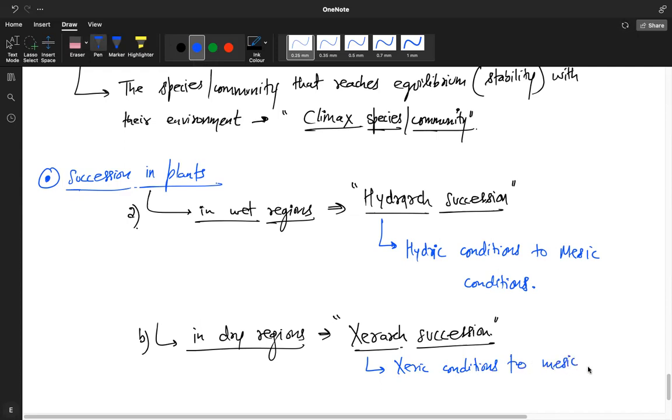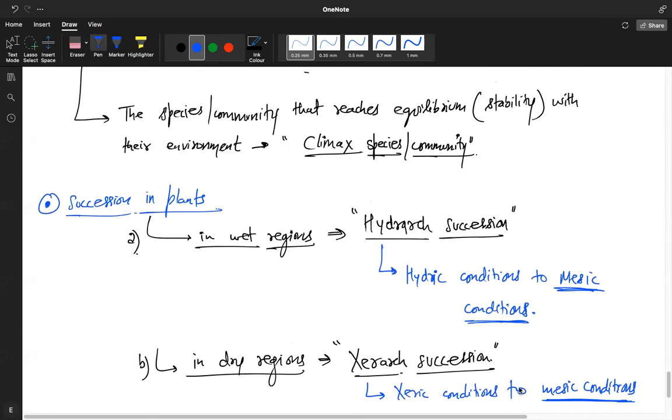It's not opposite, just understand what is the difference. Mesic condition simply means a balanced condition. So in hydrarch succession, hydric conditions become balanced. In xerarch succession, xeric conditions become balanced. But balance is what both the successions want to achieve, and they achieve. So every succession wants to achieve balance.